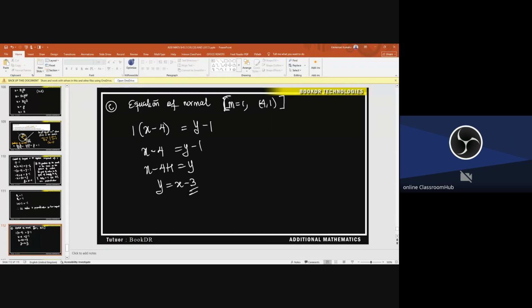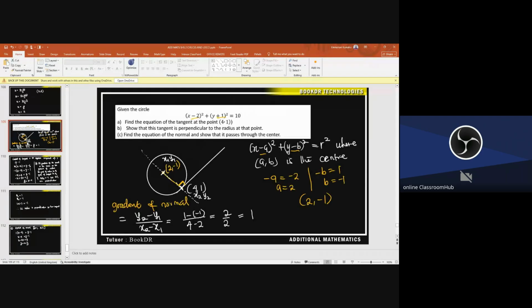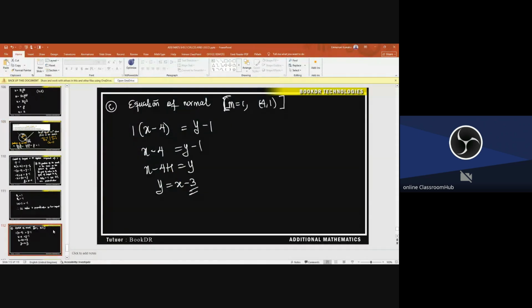Then it says that we should show that it passes through the center, and the center is (2, -1).